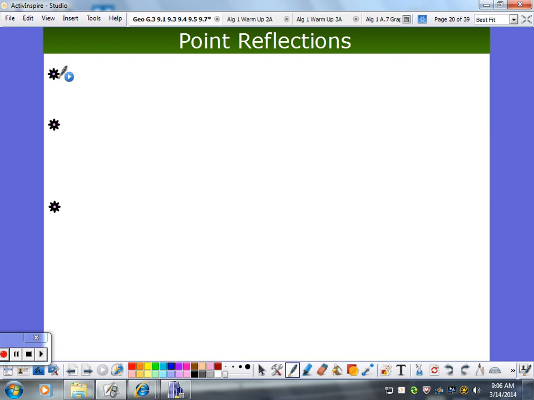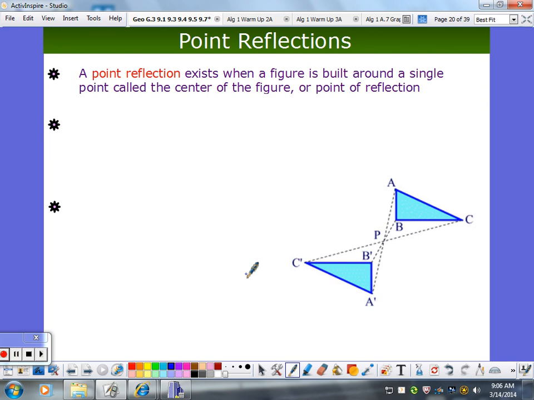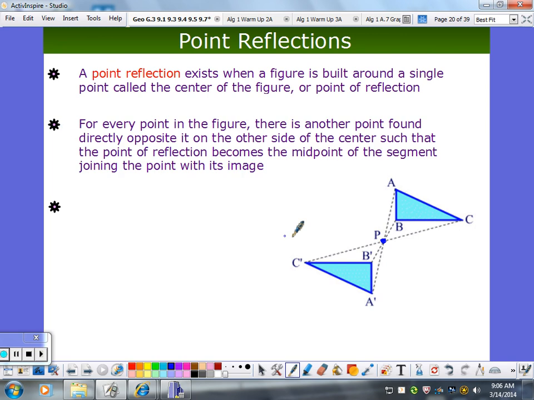Another kind of reflection, the point reflection. Let's see. A point reflection exists when a figure is built around a single point, called the center of the figure. That's this one. And what happens to it? For every point in the figure, there's another point found directly opposite.